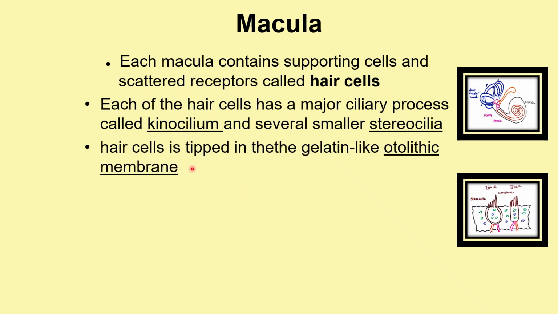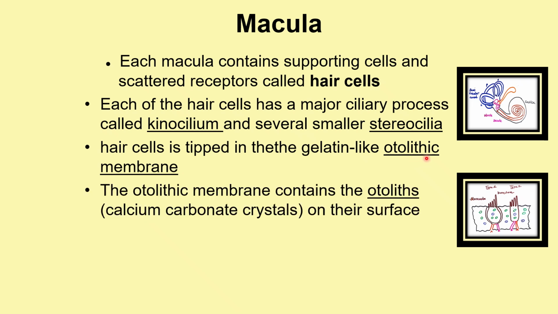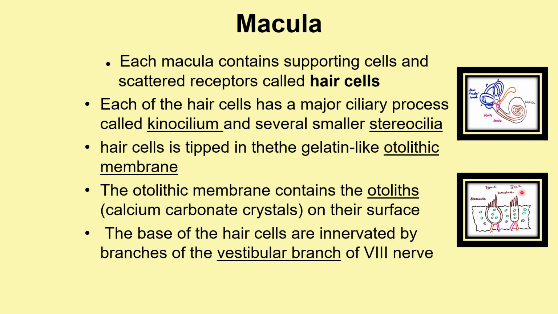The hair cells are tipped in a gelatin-like otolith membrane. The otolith membrane contains calcium carbonate crystals on its surface. The base of the hair cells is innervated by the vestibular branch of the eighth cranial nerve, that is the vestibulocochlear nerve.